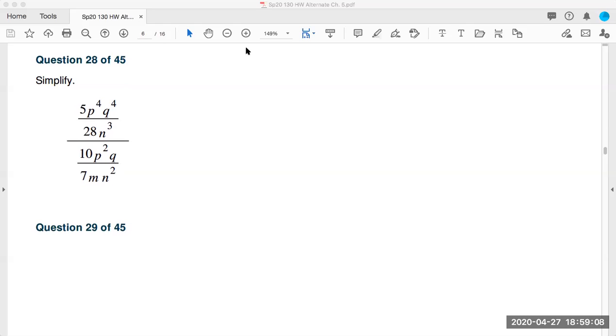All right, number 28 is next. Again, we have a complex fraction because we have a fraction in the numerator and a fraction in the denominator of the expression. Okay, now notice no plus or minus signs between terms.